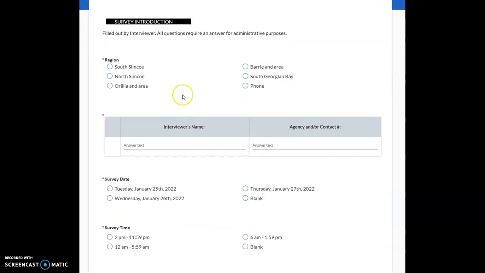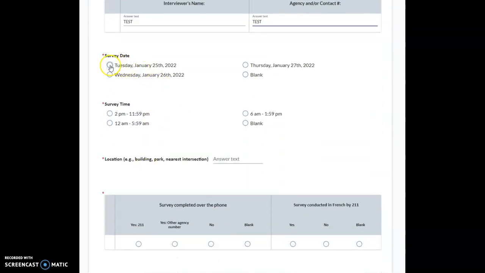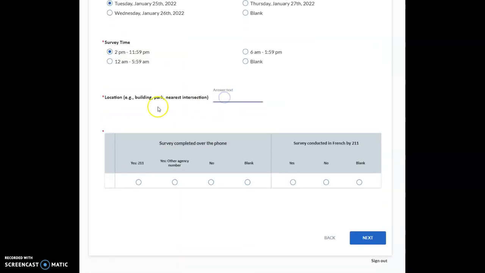So this first part is to be filled out by the interviewer, and just note that all questions are required for administrative purposes. So you can see the red star. So you'll fill out the region that you're surveying, your name, just again, if we need to get into contact with you, if we have any questions about the survey that's being completed, and the date and time, as well as the location you're surveying.